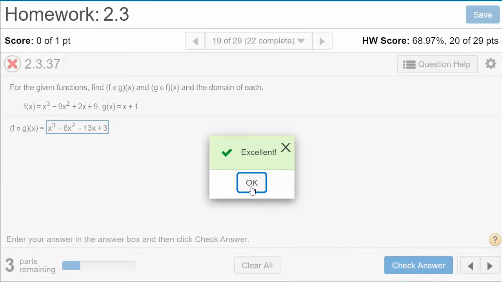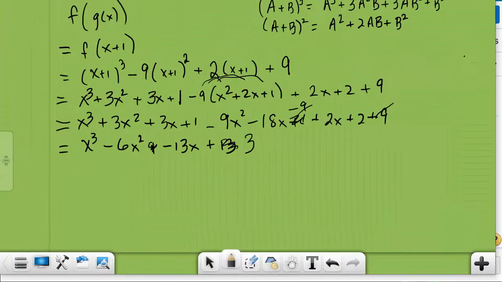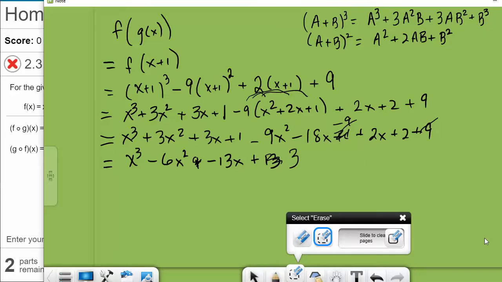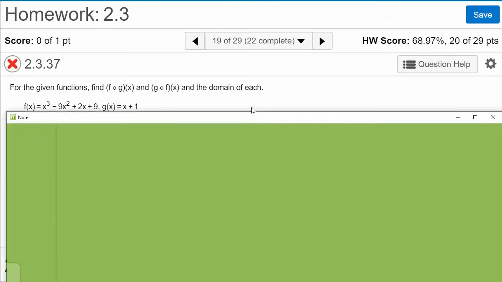Okay. And then now we got to do it the other way. Let me bring my scratch workplace up. So g composed with f of x is g of f of x.